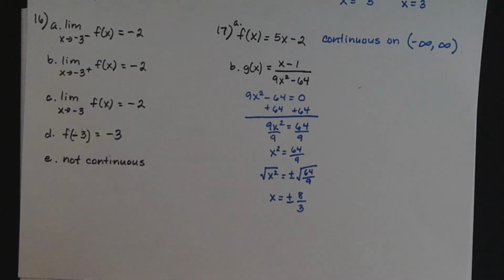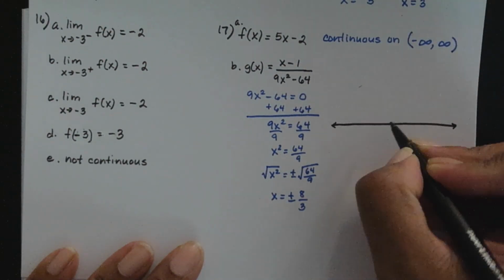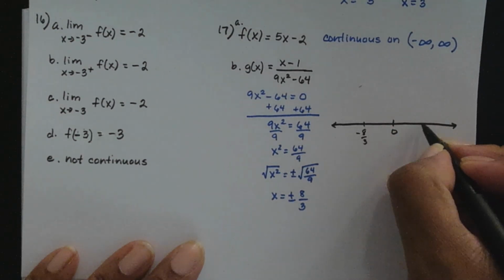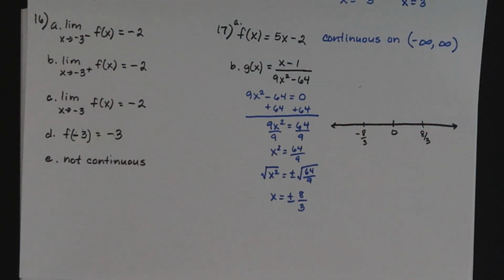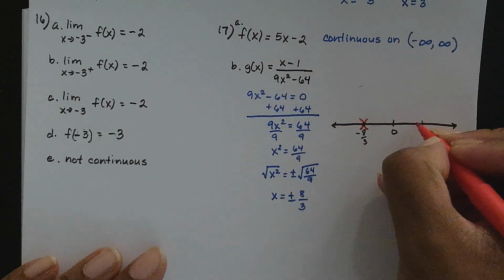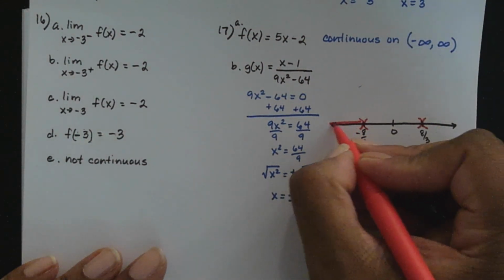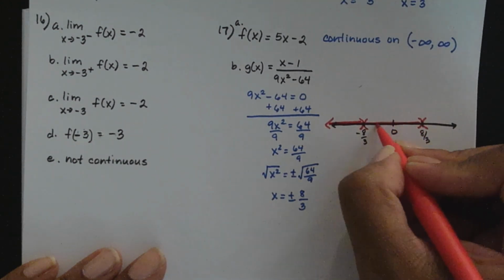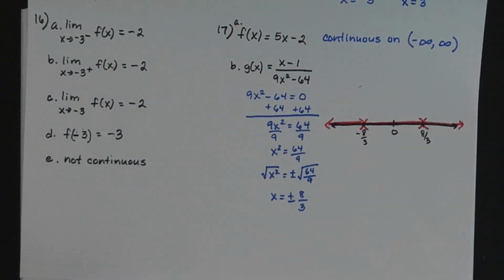For the interval notation, say negative 8/3 is here, positive 8/3 is here. Any x value less than negative 8/3 would work. Any x value in between negative 8/3 and positive 8/3 would. Any x value greater than 8/3 would.